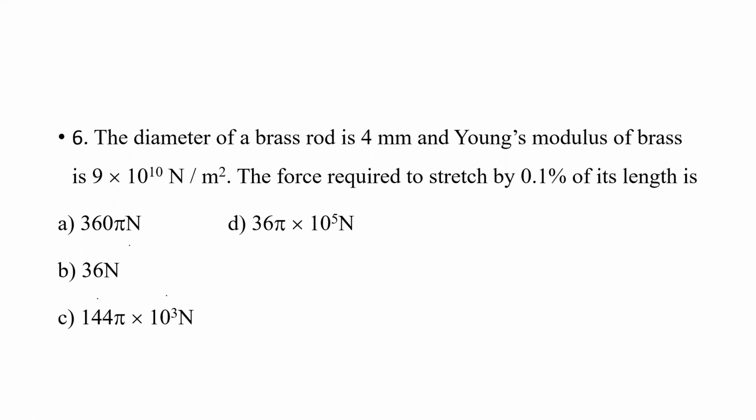Next question. The diameter of a brass rod is 4 millimeter and Young's modulus of brass is 9 into 10 raised to 10 Newton per meter square. The force required to stretch it by 0.1% of its length is... they have given the diameter, Young's modulus value, and the length. Then we need to calculate the force required.